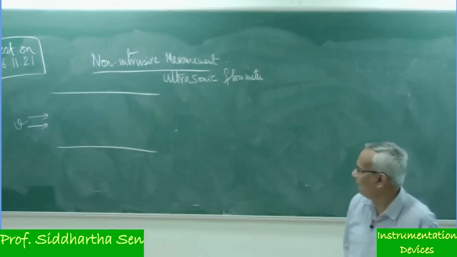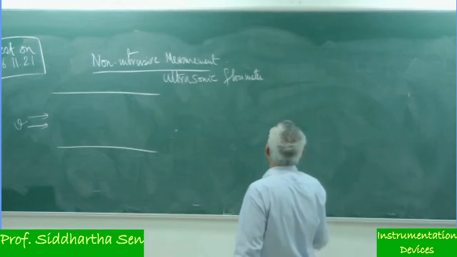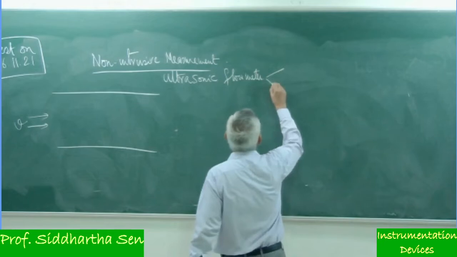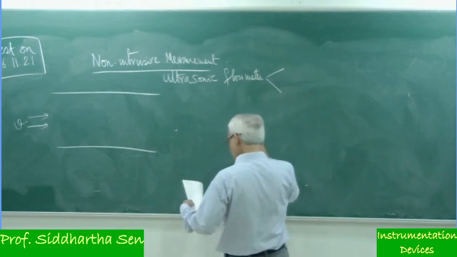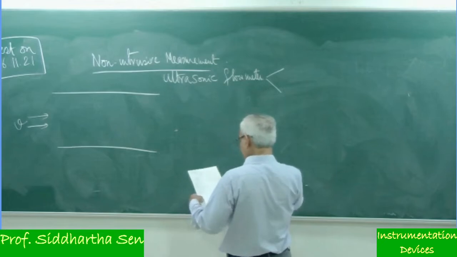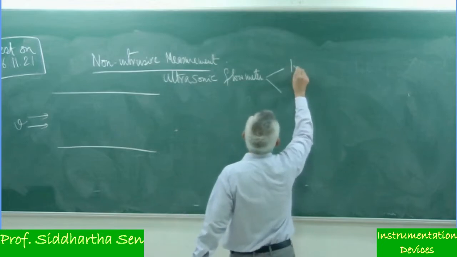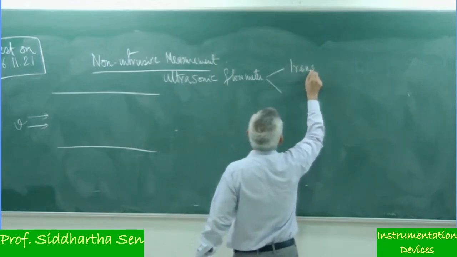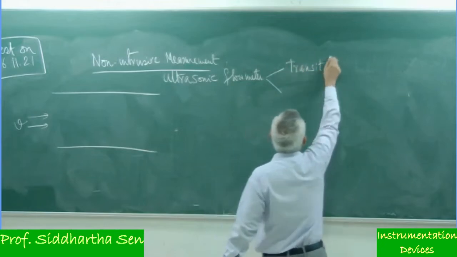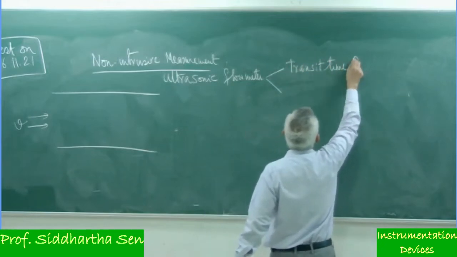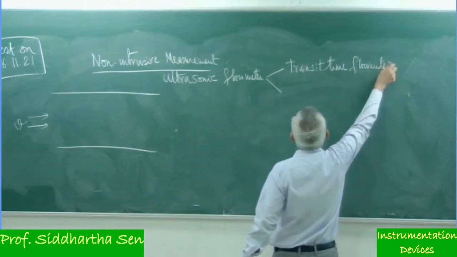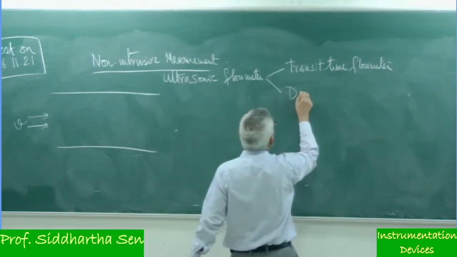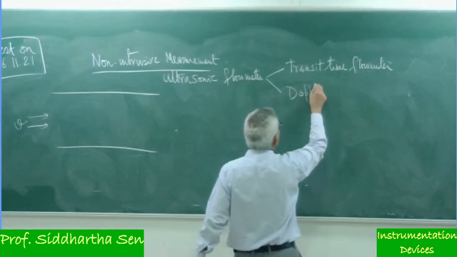These ultrasonic flow meters are of two types. One is called the transit time flow meter. Another is the Doppler shift flow meter.